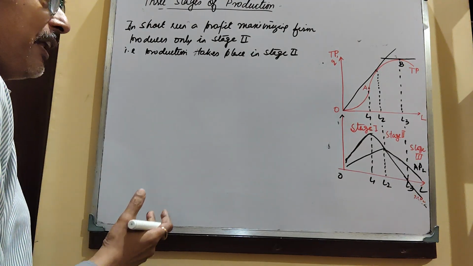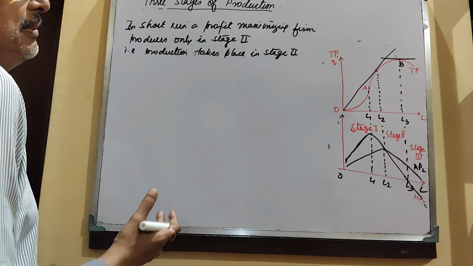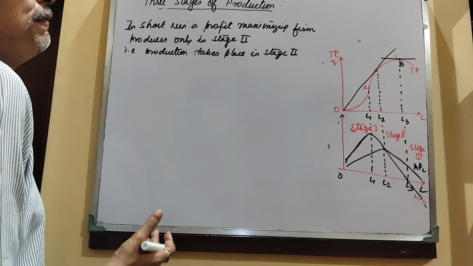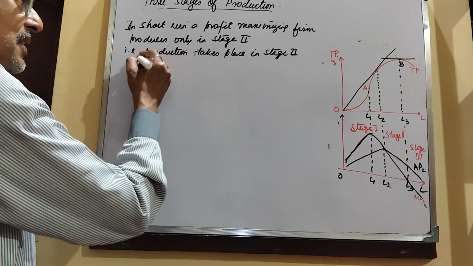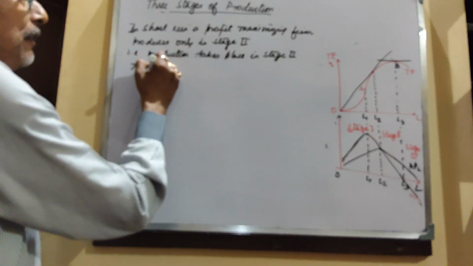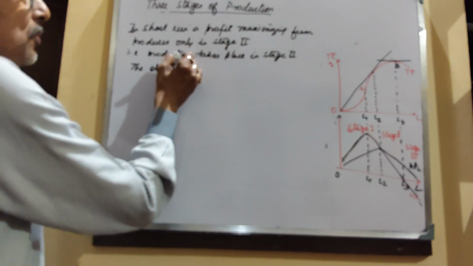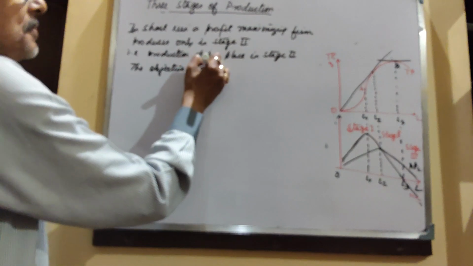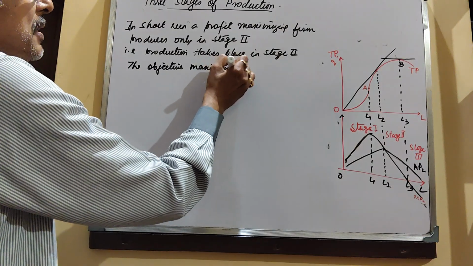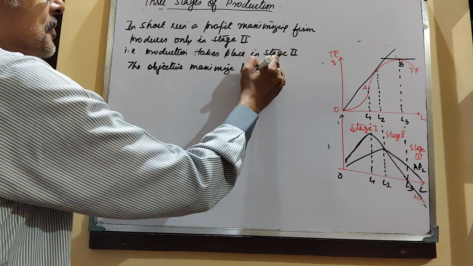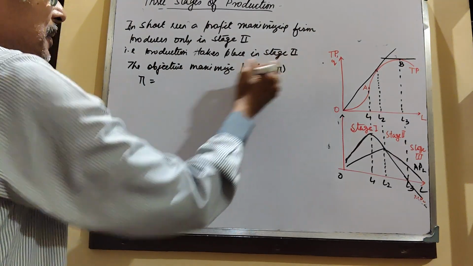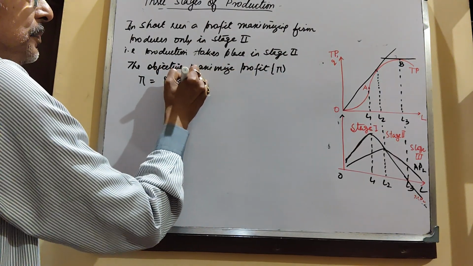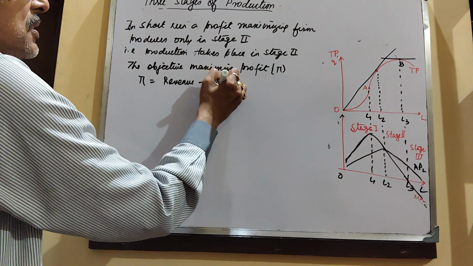We know this is the very common objective of a firm in a capitalist world, that is, maximize profit. What is profit? Profit, denoted by pi, is revenue minus cost.